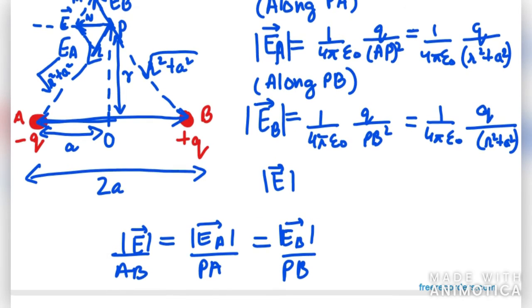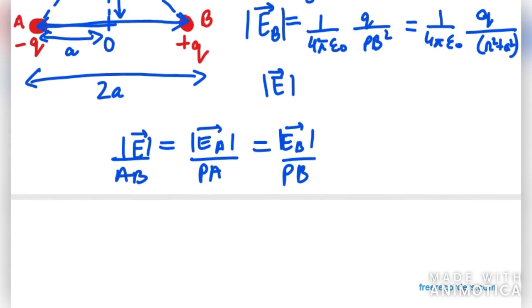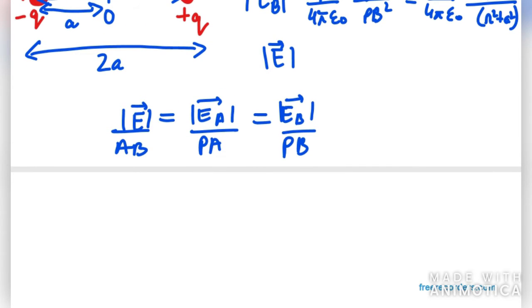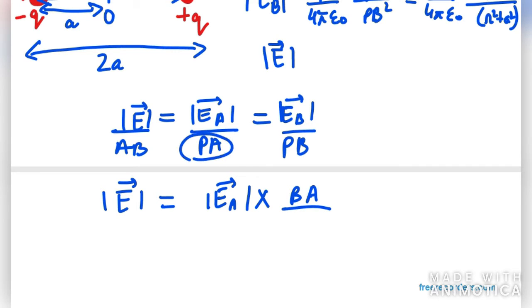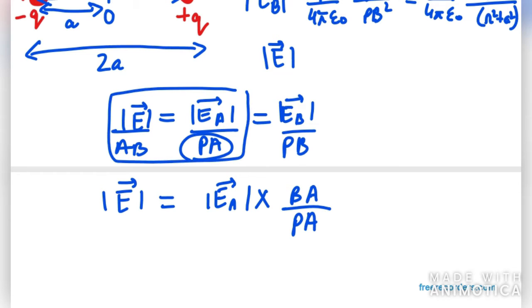Now according to this, we can easily find the value of vector E. As they are all similar, we will be writing vector E equals vector EA multiplied by BA over PA, because I am using these two quantities. So you have to use cross multiplication to find the answer.